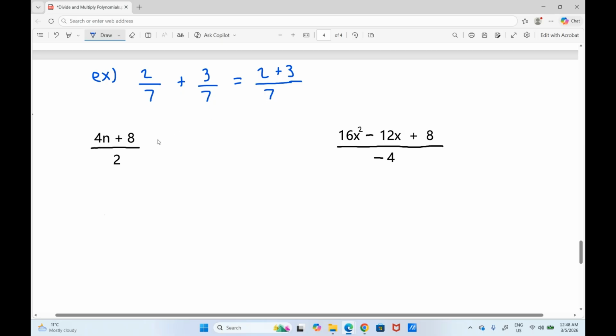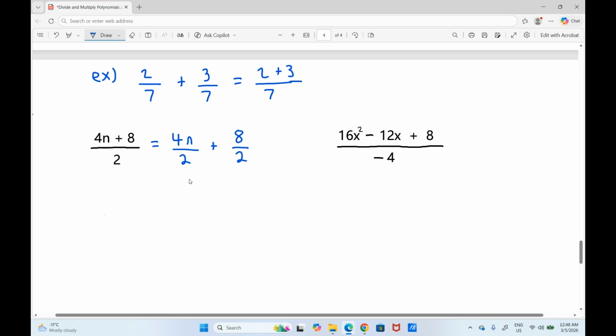Now, we can apply that same logic to this question, but instead of putting it together, we can break it apart. So notice how I can break apart 2 plus 3 divided by 7 into 2 over 7 plus 3 over 7. So the same logic applies here. I can break down this question, 4n plus 8 divided by 2, as 4n divided by 2 plus 8 divided by 2.